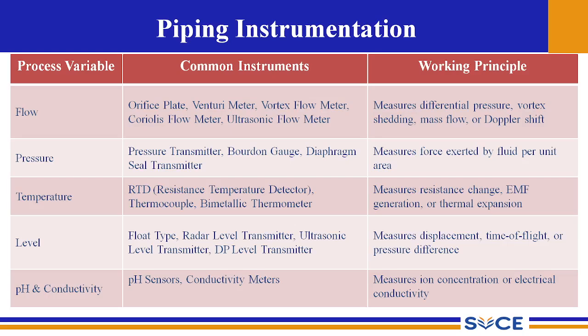By measuring the electrical conductivity and the ion concentration, we can correlate it to the pH values and the conductivity of the solution. So this table is the summary of the various process variables that are measured in the plant, and the common instruments that are used for this purpose, and the working principle of those instruments are given in the third column.